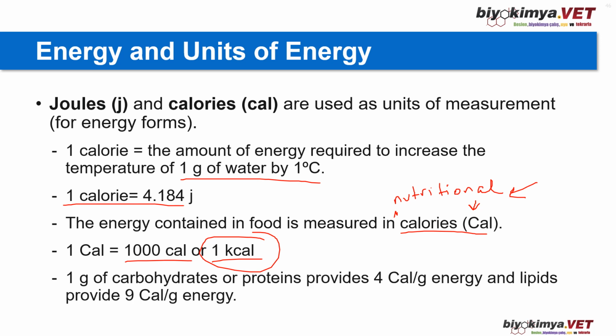And here are some examples of the macromolecules, the fuel molecules we need, and the amount of energy they can give us. 1 gram of carbohydrates or proteins provides 4 kilocalories of energy, and lipids provide 9 kilocalories per gram.